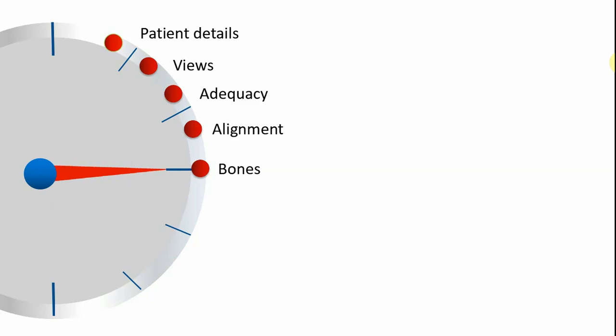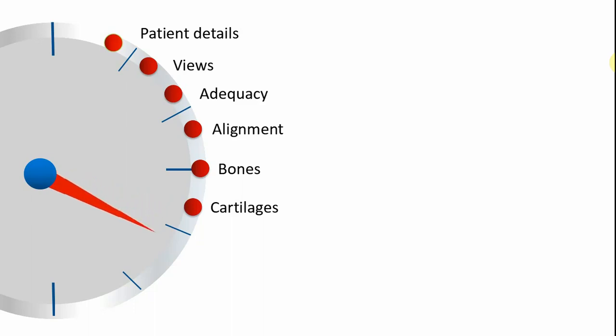I go through the cortex of all parts of the bone to make sure that there is no breach of continuity of the cortex that can indicate a fracture. And after the bone, I look at the cartilage to see if there is any damage. Obviously in the X-ray we cannot see the cartilage, but at the level of the cartilage, if there is some abnormality, then we find that something is not right.